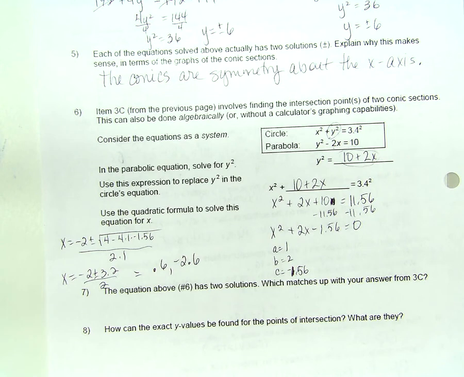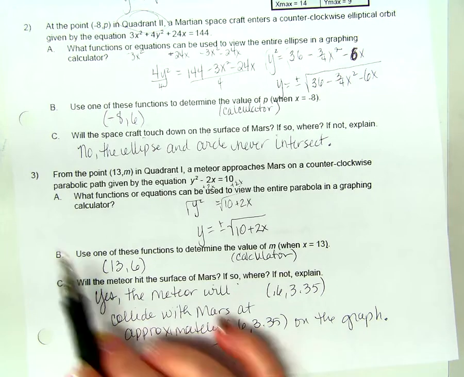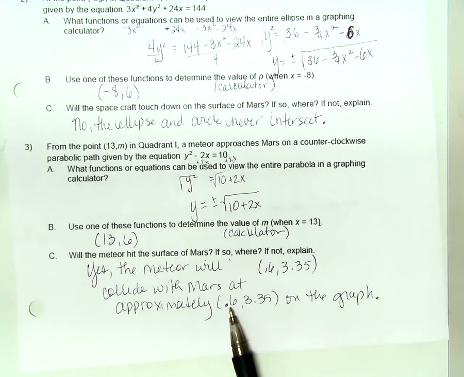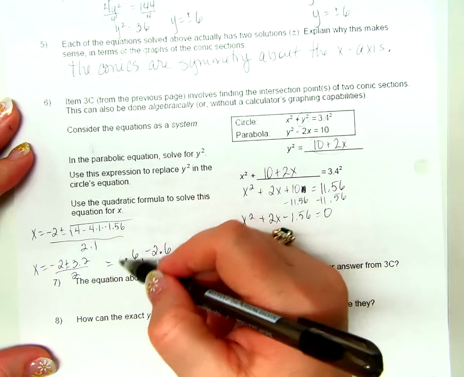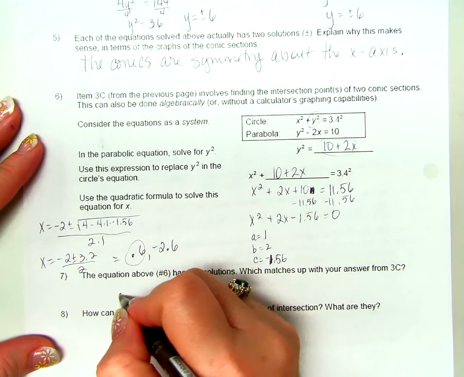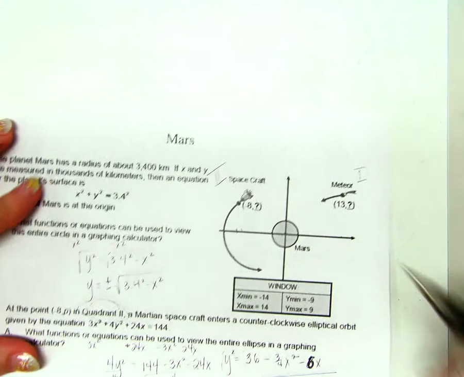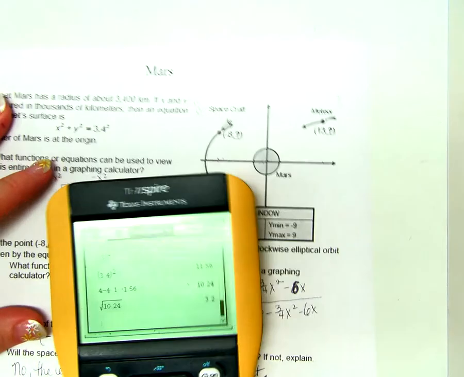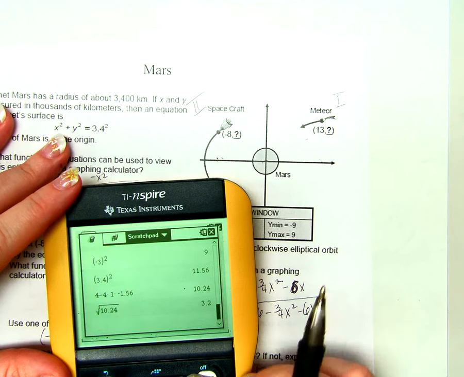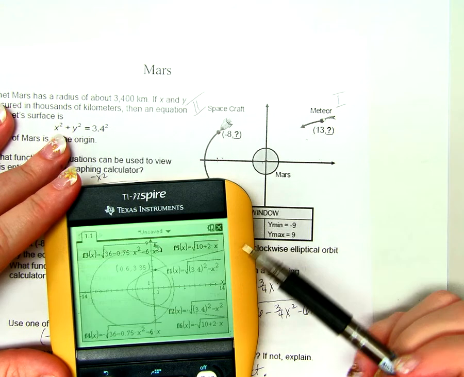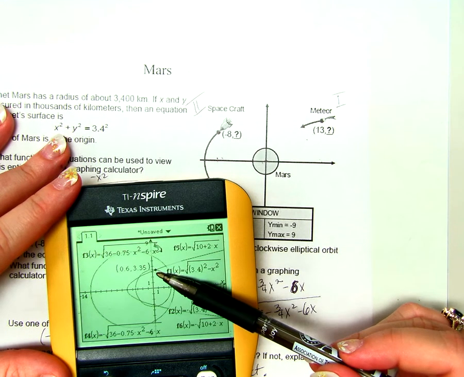The equation above has two solutions. Which matches up with your answer from 3C? Oh, look. 0.6. It's the 0.6. Why is that one the one that matches up? Where was that? Oh, it was on my graph, right? It's that one right there, right?